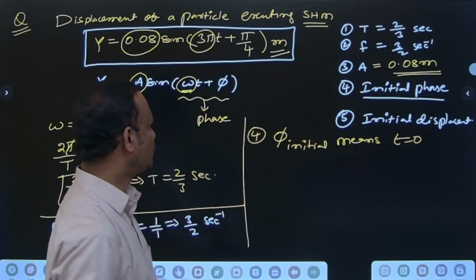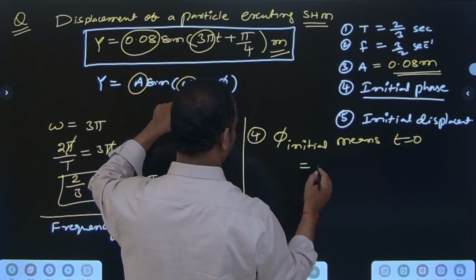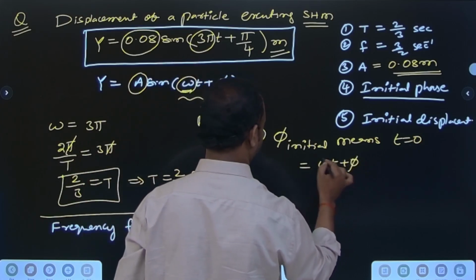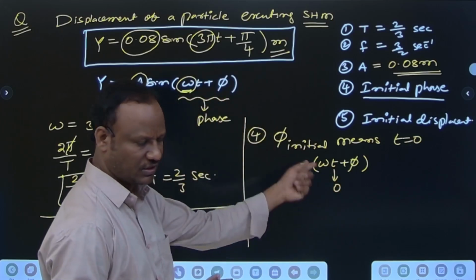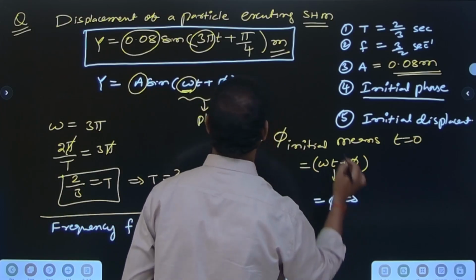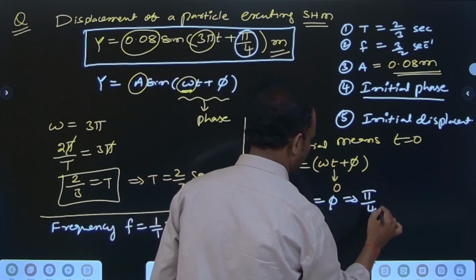At t equal to 0, so what is phi initial? The condition is omega t plus phi. T equal to 0 means this total term is 0, right? 0 into something is 0. So what is the answer? Phi. What is the phi given here? The answer is pi by 4 radian.